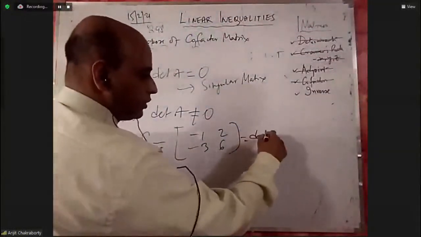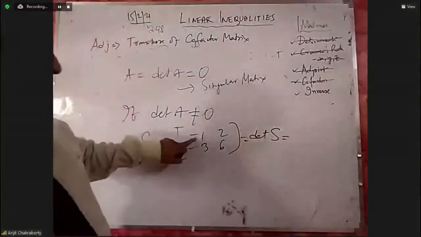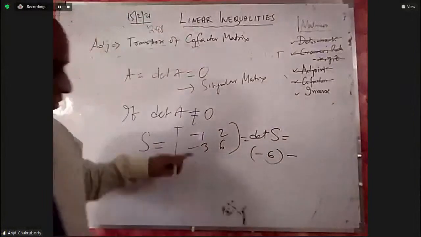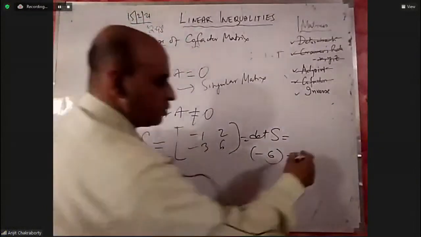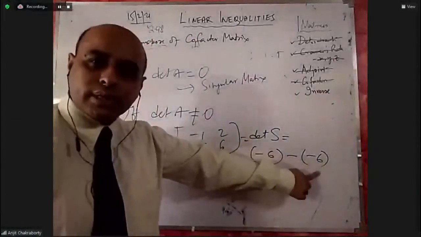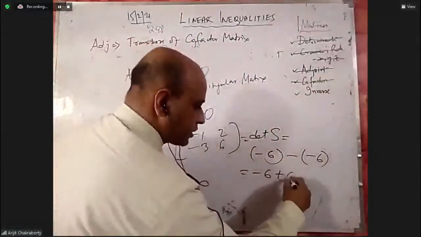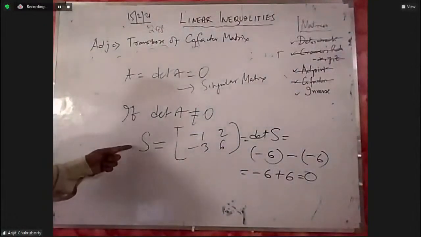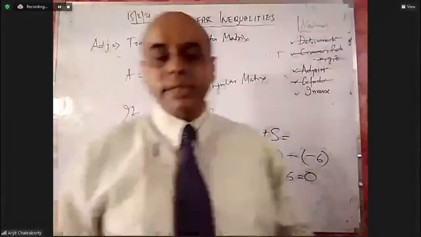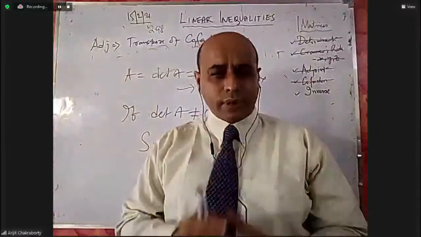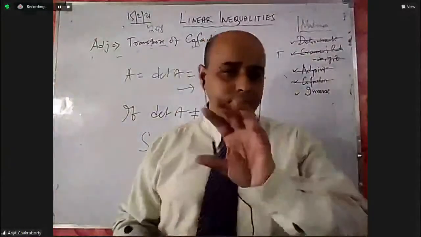So determinant of S, -1 into 6, that is -6, minus of -3 into 2, that is -6. So I have -6 minus of -6, that is -6 plus 6, that is 0. I'm getting 0. So can I say that matrix S is a singular matrix? Yes, because the determinant of the matrix gives me 0.